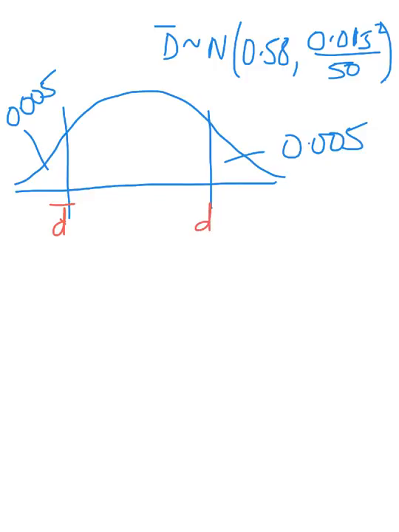all I need to do is in the calculator, I need to work out, remember when using the calculator, you've got to remember the inequality is less than. So what we actually want is the probability D is less than d equals 0.005.